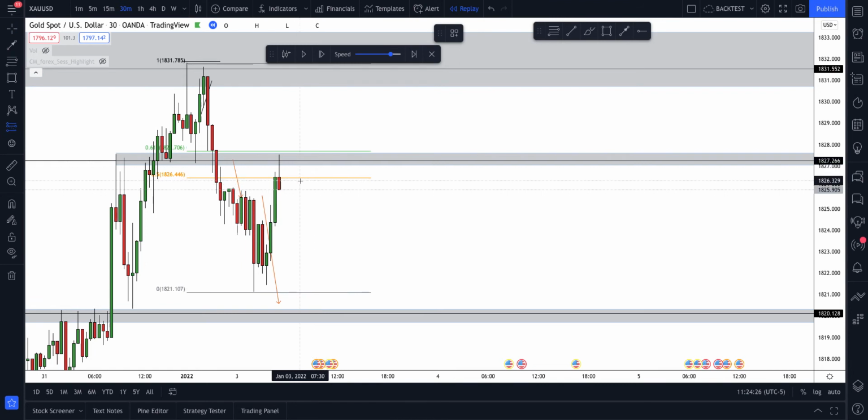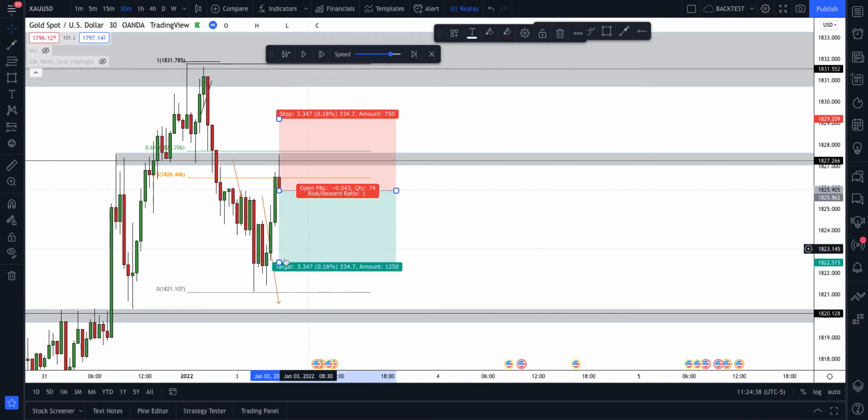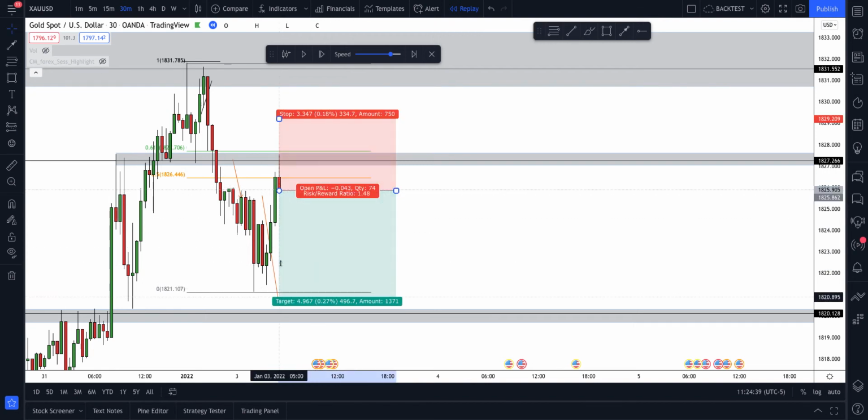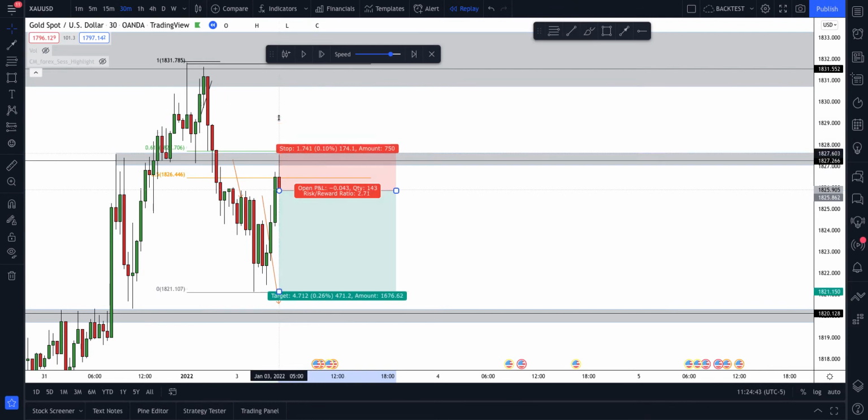We knew price rejected this inverted hammer, so we're sure price is going to go bearish. Let's say we entered here. Target is always the previous rejection zone, and your stop loss is just at 61.8.